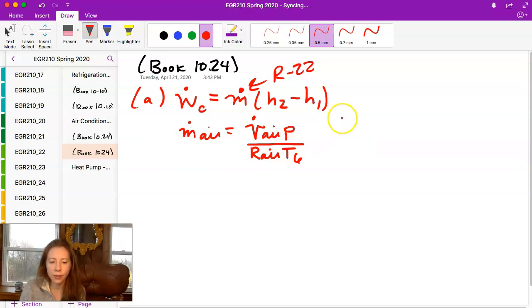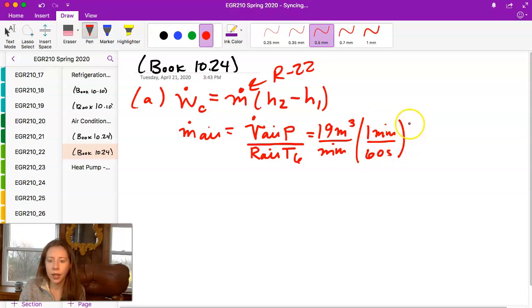So T6 would be our temperature out, which is 15 degrees Celsius. And so we have our mass flow rate. We have 19 meters cubed per minute, our volumetric flow rate. And we have 1 minute is 60 seconds. And our pressure we're given is 1 bar, so that's 100 kilopascals.